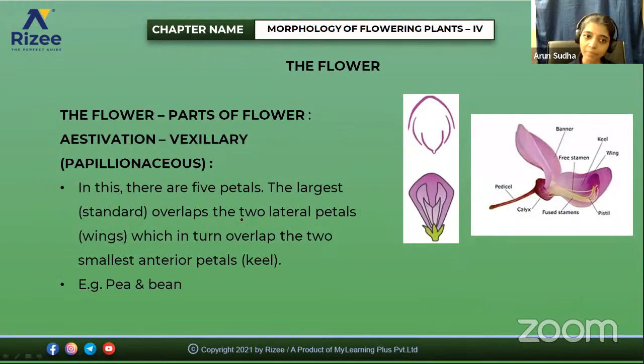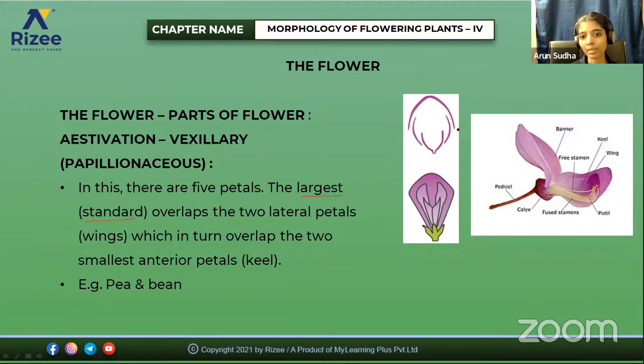Then the next type is vexillary or papilionaceous. This is what we actually saw in that butterfly-shaped corolla, which is an example of a zygomorphic polypetalous corolla. The same type of arrangement we saw. In this, there are 5 petals. The largest, or the standard, overlaps the 2 lateral petals. This is the largest petal or the standard petal, also called vexillum, and it overlaps the 2 lateral petals.